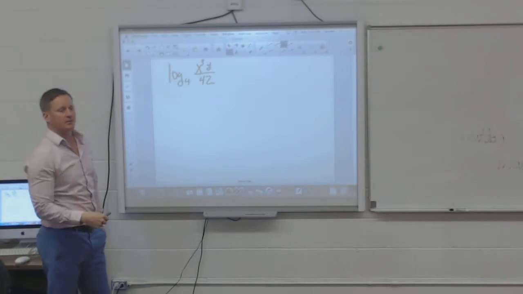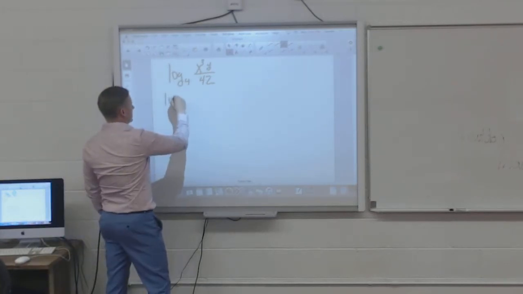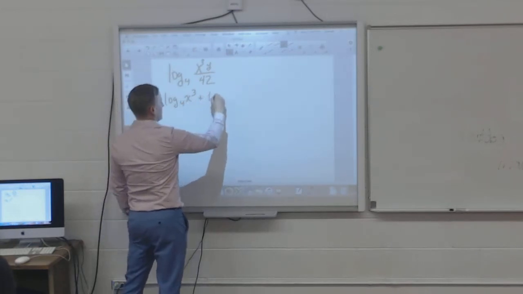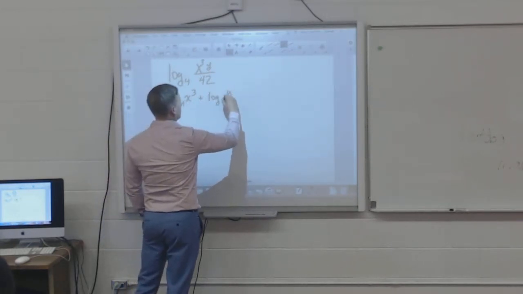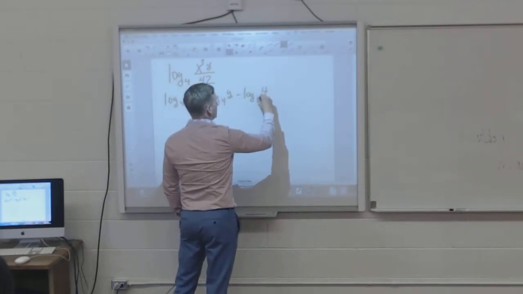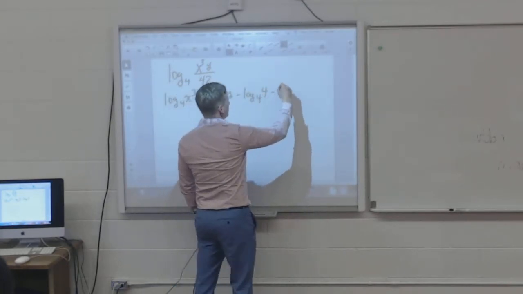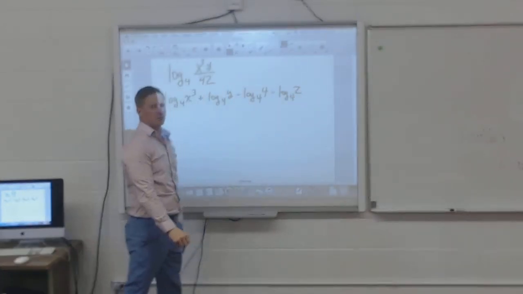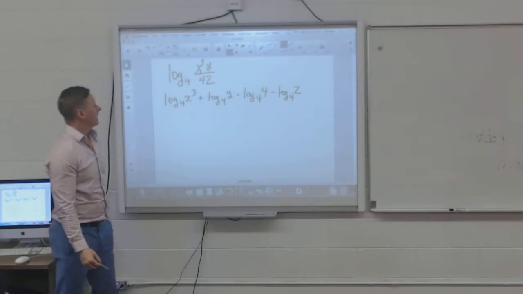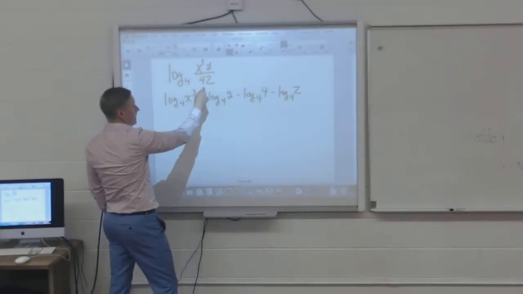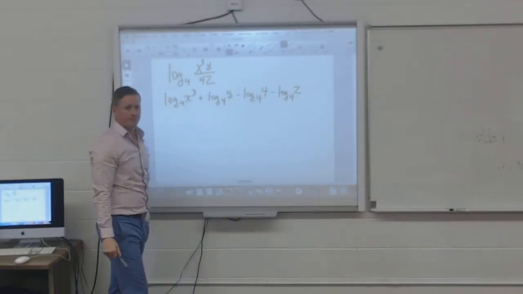Anything on the bottom you have to subtract. So this changes to log x cubed to the base 4 plus log y to the base 4 minus the log of 4 to the base 4 subtract log z to the base 4. If it's on top, you're adding them. If it's being divided by, you subtract them.